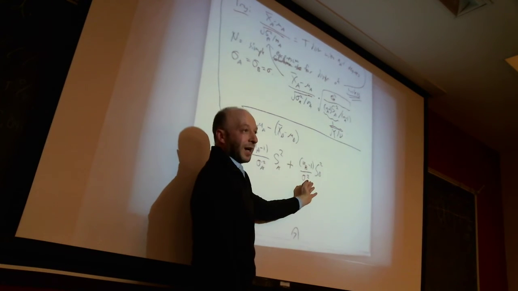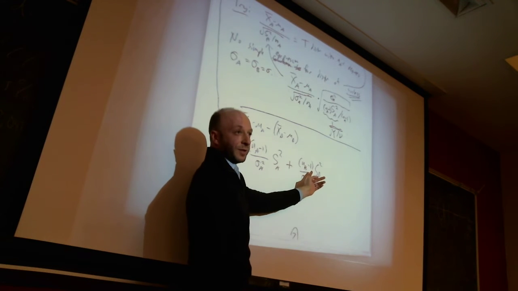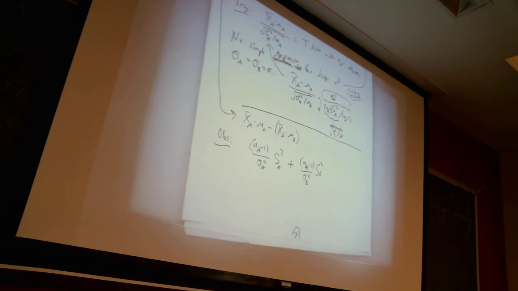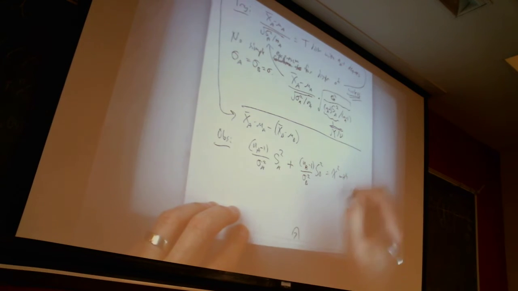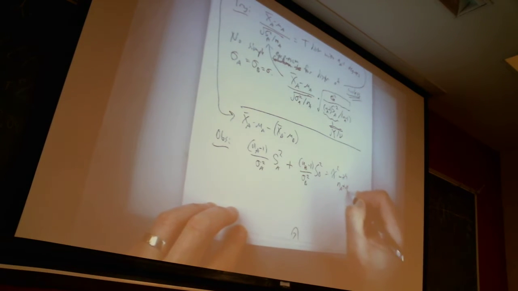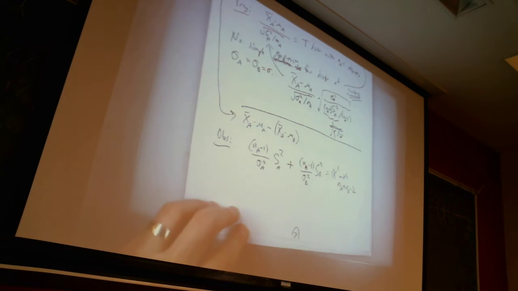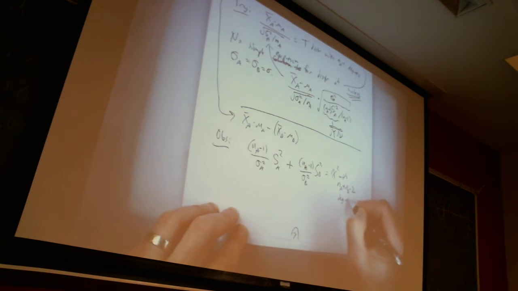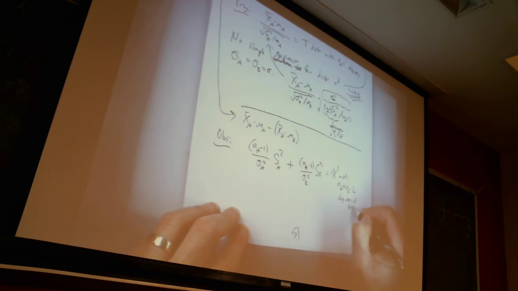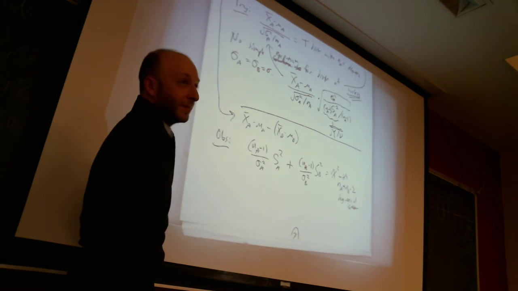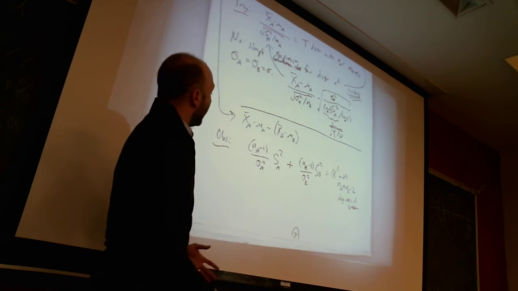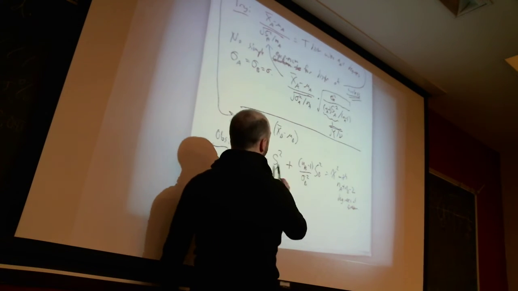This is also a chi squared. It has nb minus 1 degrees of freedom. This is chi squared with na plus nb minus 2 degrees of freedom. Right? You see that? But that doesn't help us if the sigmas are different.